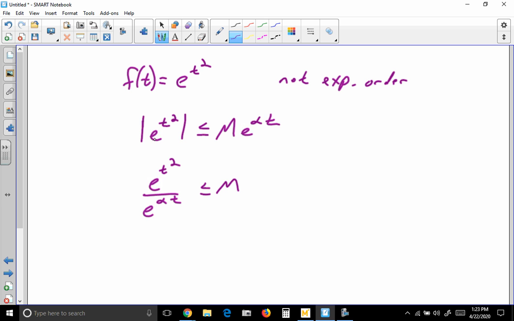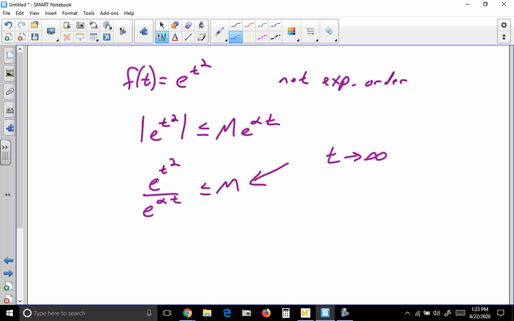So in order for e to the t squared to be of exponential order, when we rearrange this, there has to be some constant so that when t goes to infinity, this limit exists, and not only does it exist, it's some constant, it's not infinite. We could use L'Hopital's rule or other things to show that this does not go to a particular constant.